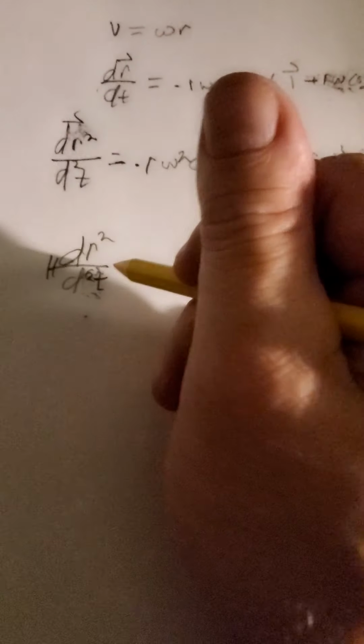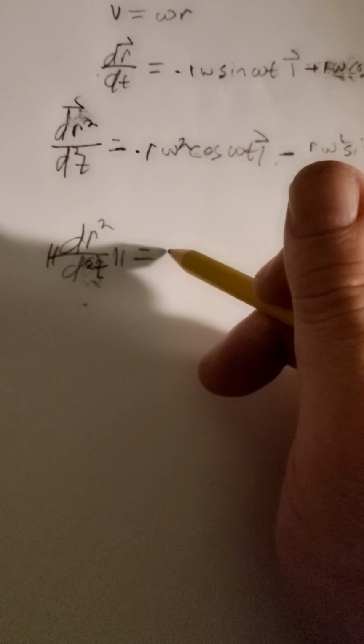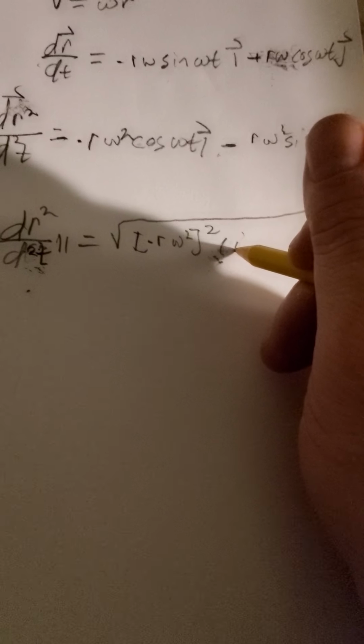Okay. So the magnitude of this is going to give you, in the square root, in the radical symbol, this quantity negative r omega squared, that quantity squared, because you can factor it out, times cosine squared omega t plus sine squared omega t.